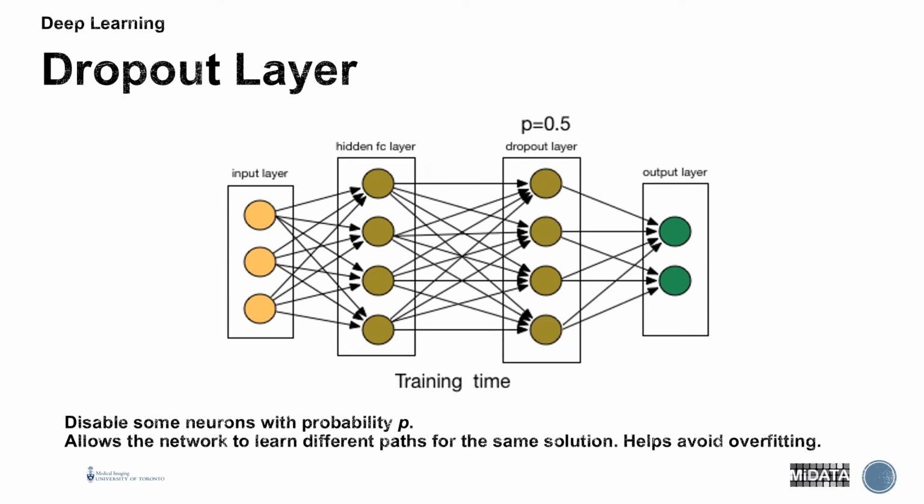Because each time you go through an epoch, you're going to disable potentially a different set of neurons, and therefore it will learn different paths to the same solution. And what this does is it ultimately helps your solution from overfitting the data.